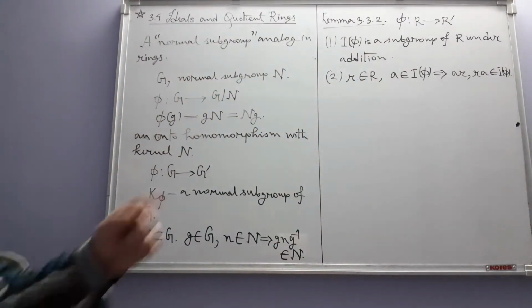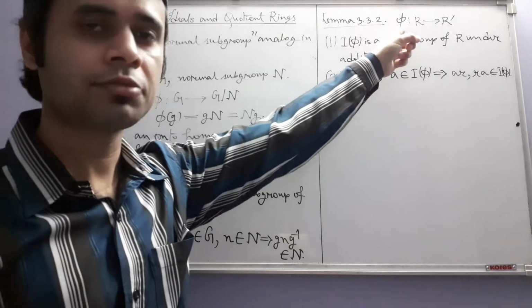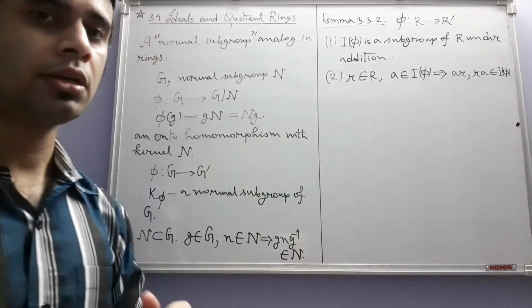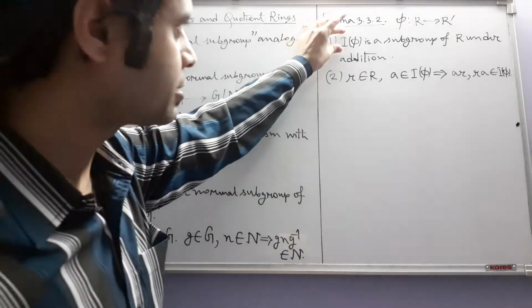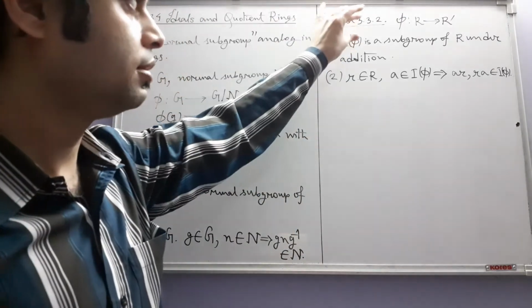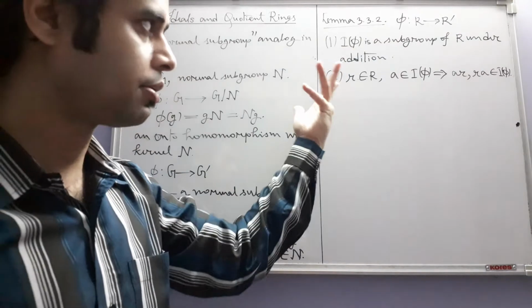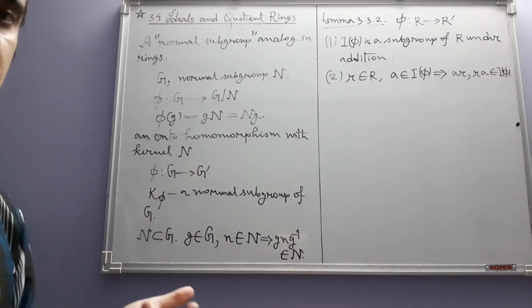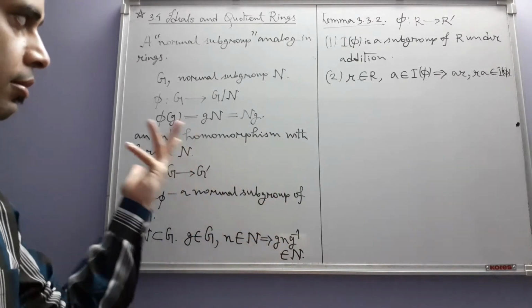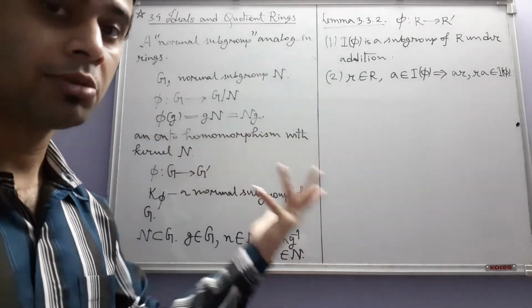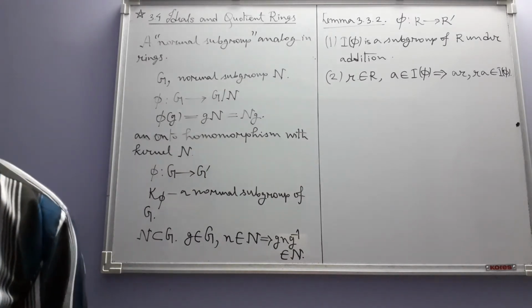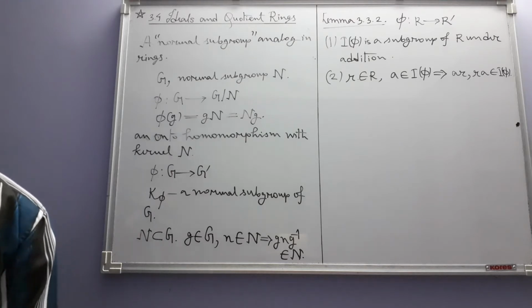Now note that although this result involves a homomorphism, these conditions don't involve any homomorphism. In place of the kernel of phi, if we have a set, then also the conditions make sense, and that's what we are going to use to define the concept of a normal subgroup analog for rings. And that's where this next definition comes.